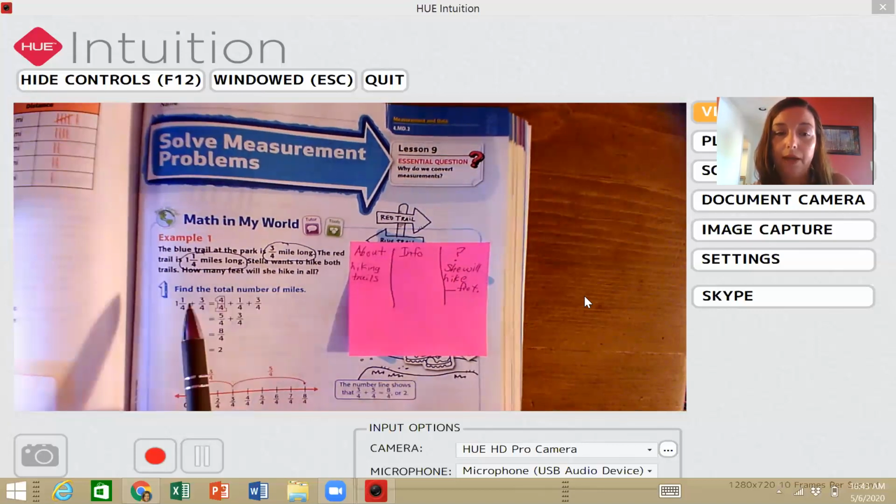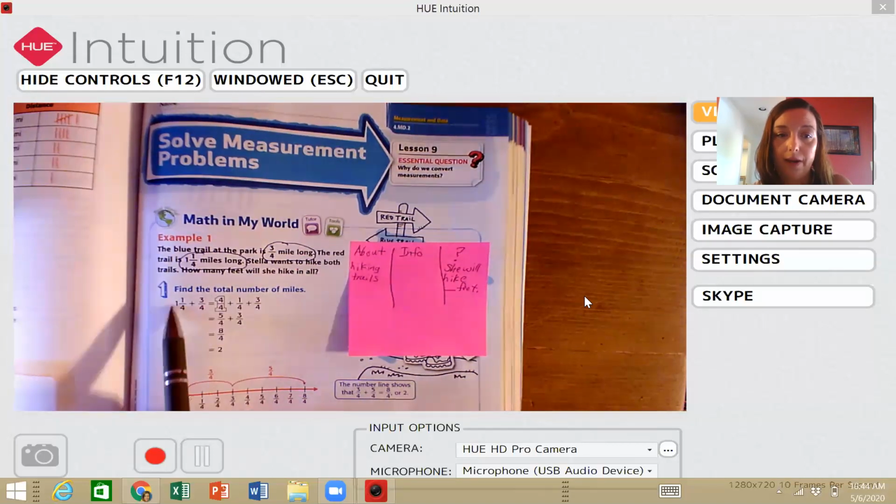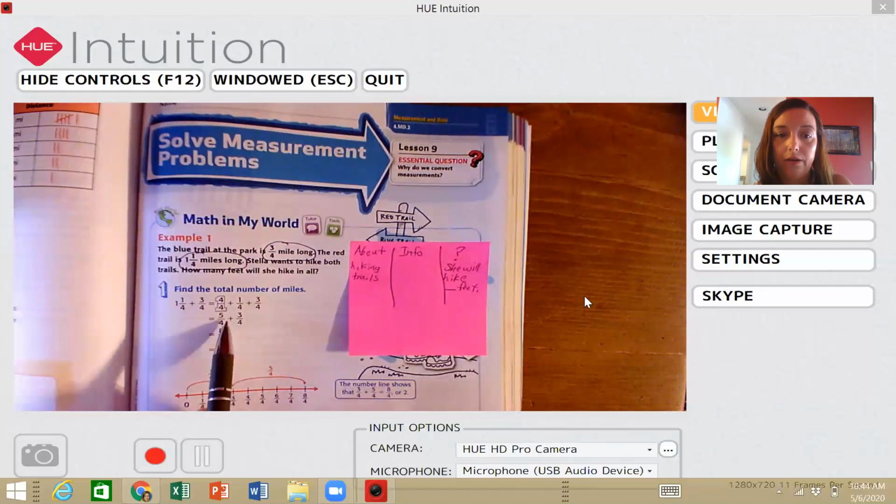So if I were to add 1 1/4 plus 3/4, what they did here is they said 4/4 plus 1/4, and that's your 1 1/4, right? So they converted that 1 whole to 4/4, plus 1/4 plus the 3/4, right? Then they added 4 plus 1 is 5, plus 3 more, and 5 plus 3 is 8. And 8/4 is equal to 2 wholes.